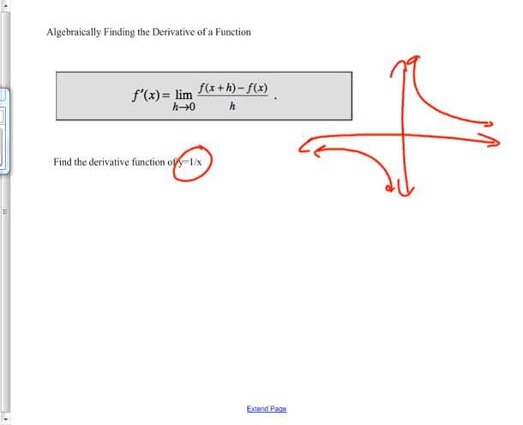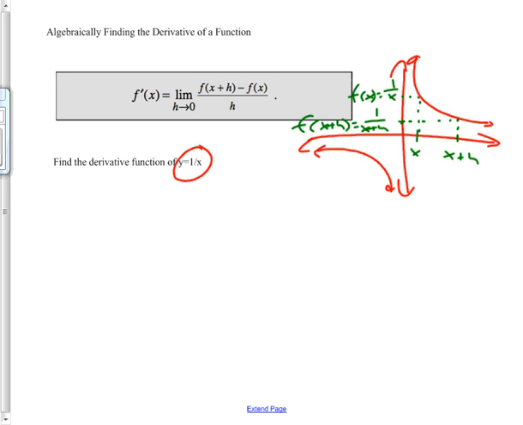And so once again, we'll choose some point x and some point x plus h. That is f of x, which equals 1 over x, and that point here is f of x plus h, which equals 1 over x plus h.